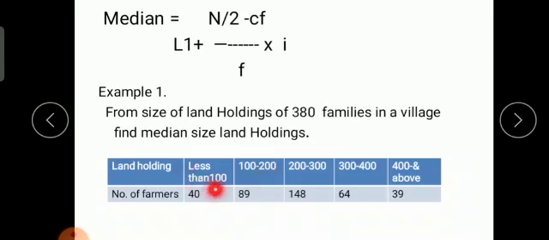Here less than 100 means it will be 0 to 100, then 100 to 200, 200 to 300 and so on. Then 400 and above means 400 to 500. The number of farmers is given: less than 100 acres is held by 40 farmers, then 89, 148, 64 and 39 is the problem.